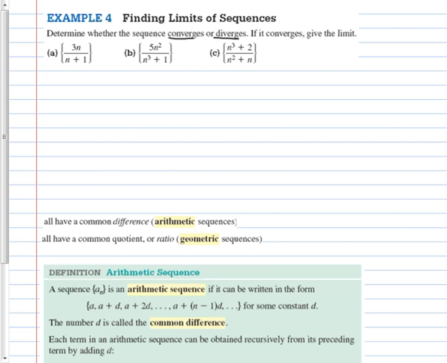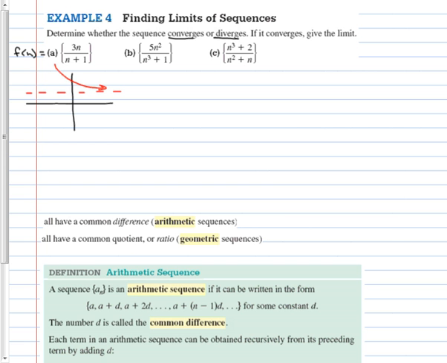If this was a function f of n, rational functions have vertical and horizontal asymptotes. What I'm concerned about is whether there is a horizontal asymptote that I am getting closer and closer to. That's what converging is.